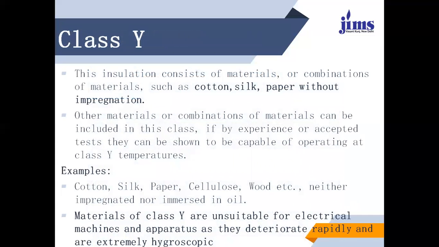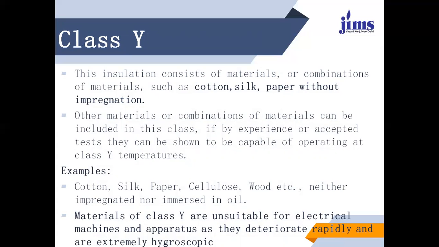Now, class Y type material. This insulation consists of materials or combinations of materials such as cotton, silk, and paper without impregnation. Other materials can be included in this class if by experience or accepted test they can be shown to be capable of operating at class Y temperature.